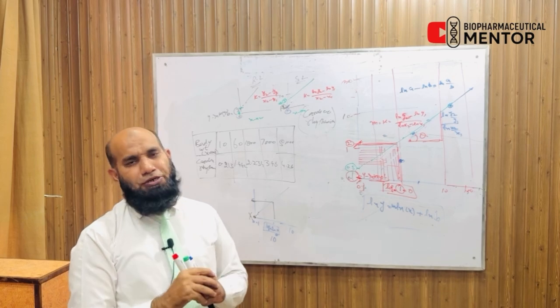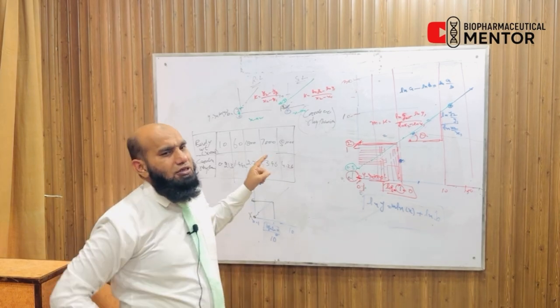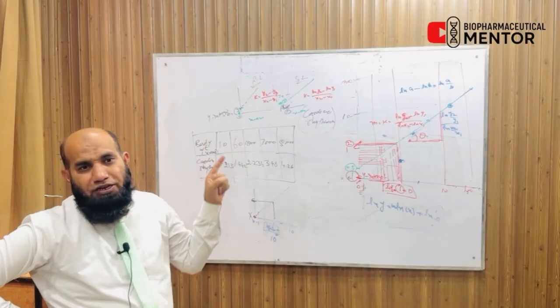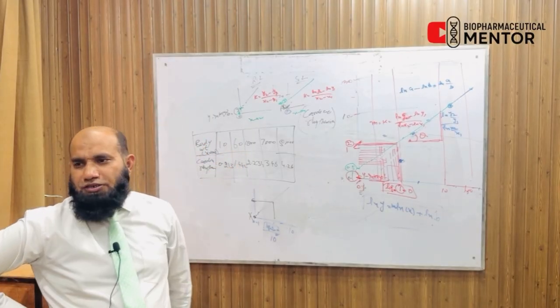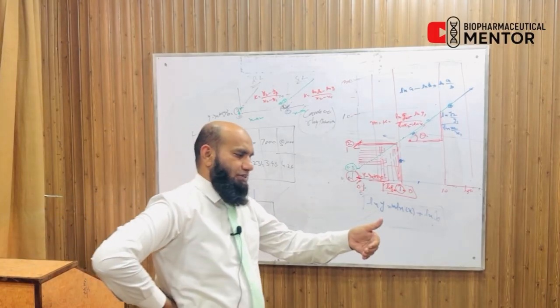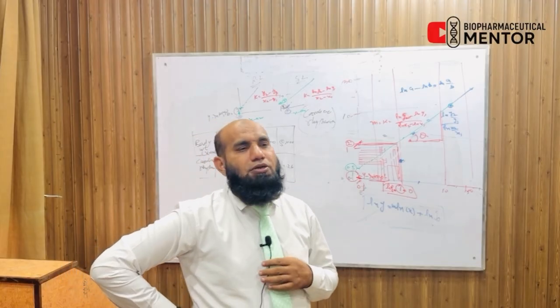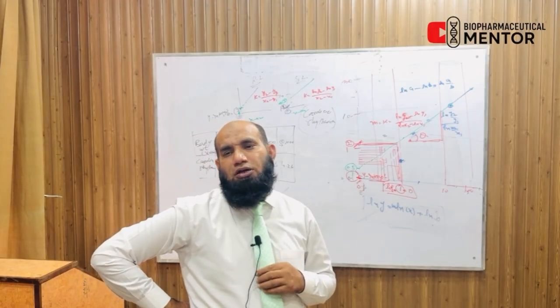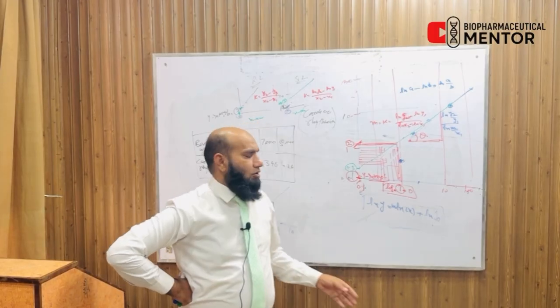Once again, I will repeat this concept. In case of rectilinear, we are searching for the value on the y-axis when x is 0. In case of semi-log, we are also searching for the value on the y-axis when x is 0. But in case of the log graph, we have no 0 value, so we will apply the log values.